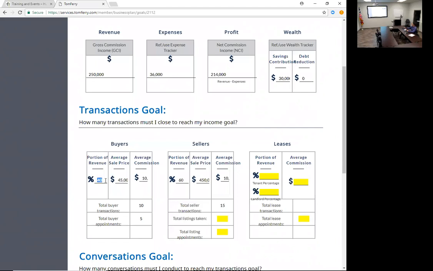Actually, you know what? I'm going to take this back. No, that's not what I'm saying. On the average sale price on the buyers, you get 45,000. That middle one. No, the middle one. Average commission, 10,000. So you just need one more zero. Yeah, that would definitely throw my numbers off.